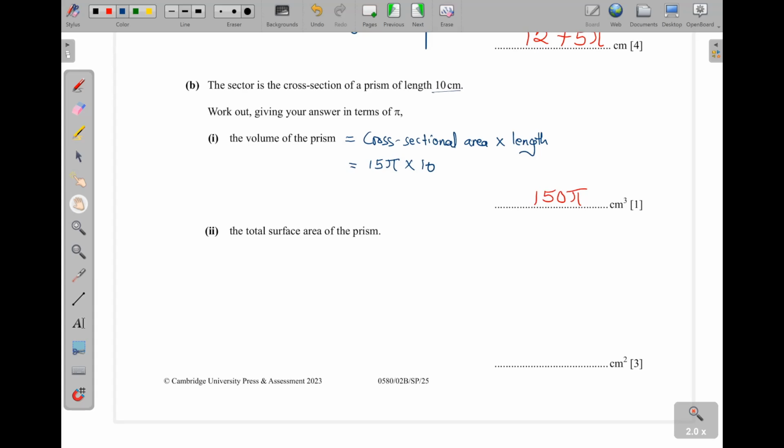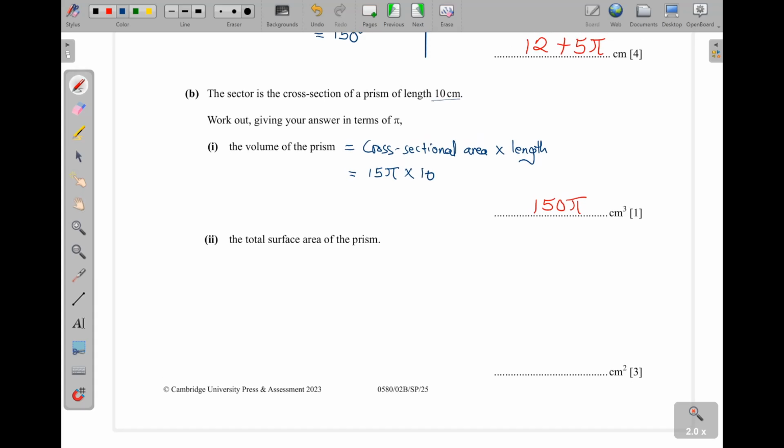So our total surface area is going to be 2 times the area of the sector, because there is one behind, so there are 2 of them, plus 2 times the area of the rectangle, then there is also the curved surface area.